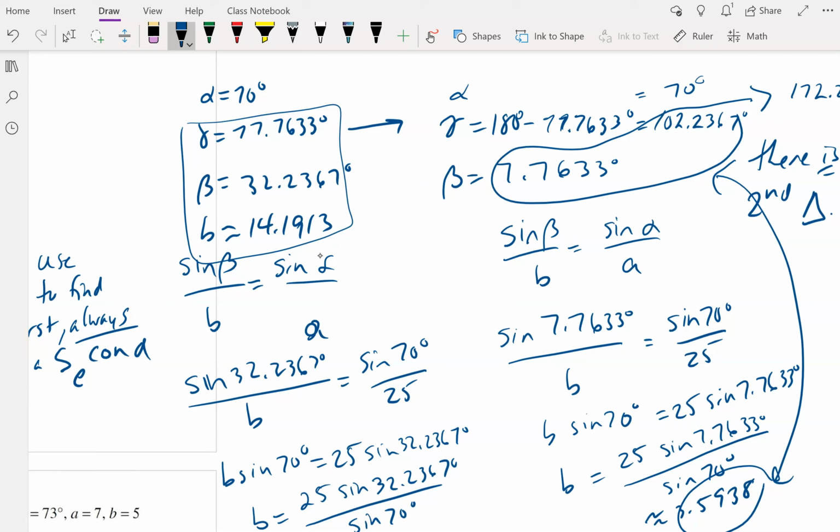All we did here was check to see if it works. And it did. So then we just solved the triangle like we've been solving the other ones. There's just an added step. If you use the law of sines to solve for an angle, check to see if there's a second triangle. That's it. And if there is, just solve for it.